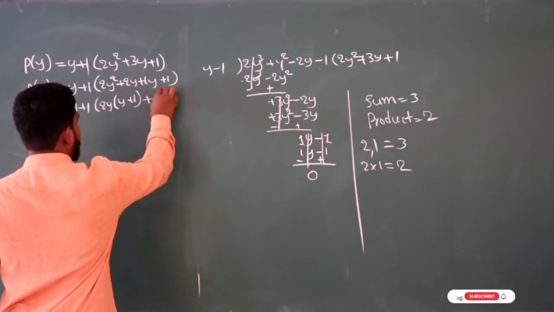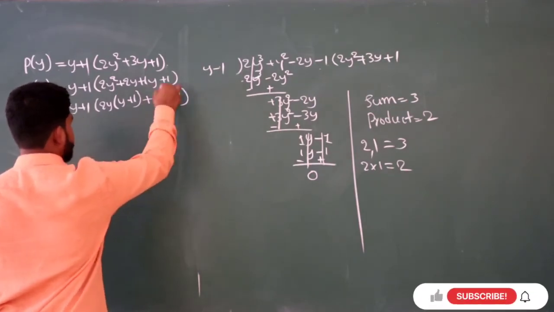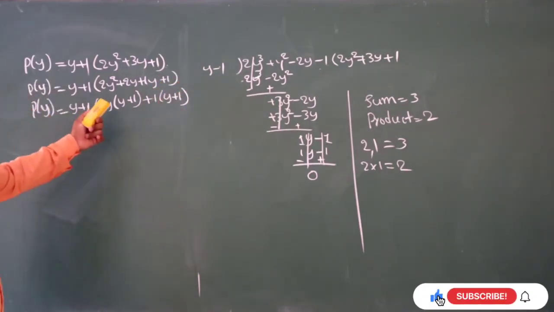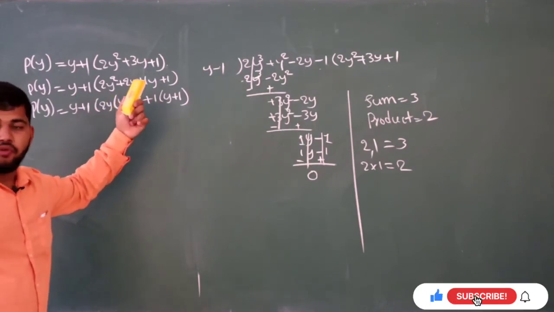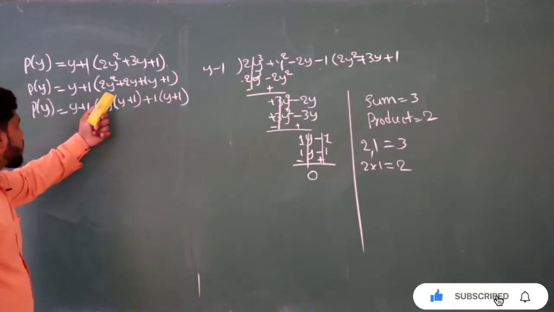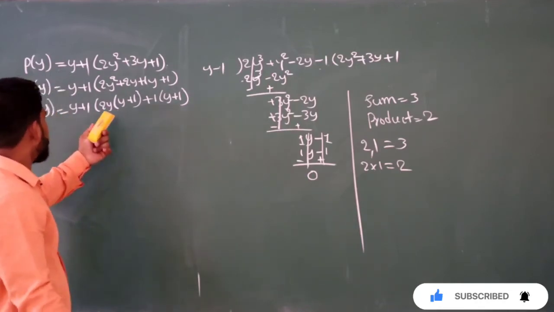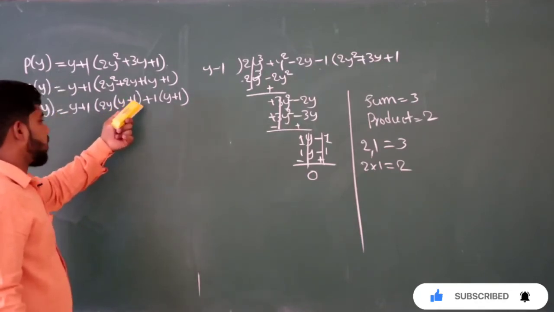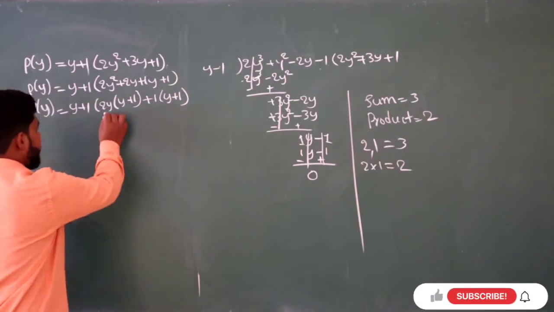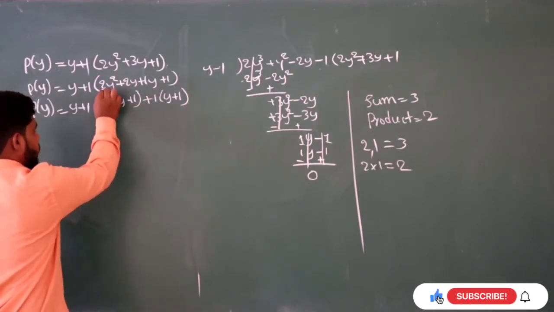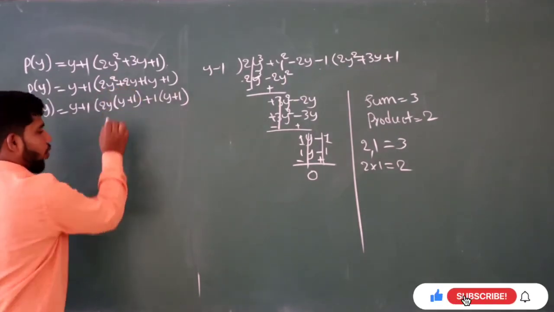Now we are taking the two numbers 2y and 1y. Taking 2y common, in the bracket y plus 1 remains. If you multiply these two, 2y into y is 2y square, 2y into 1 is 2y.